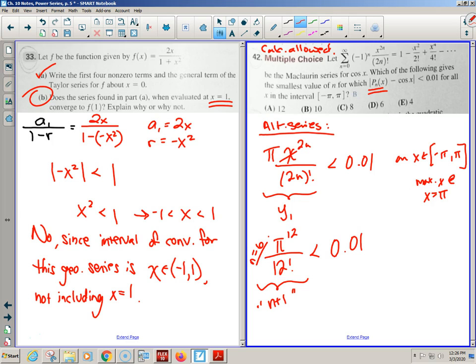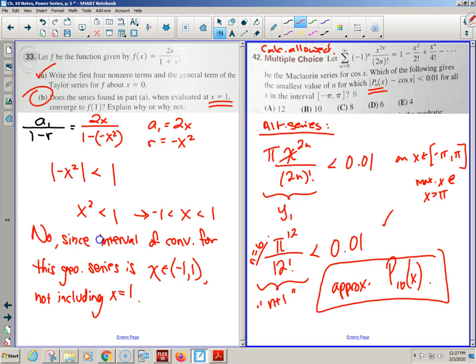So I could approximate with the 10th degree Taylor polynomial, because the next term, the 12th degree, would be less than 0.01, and everything would work out.